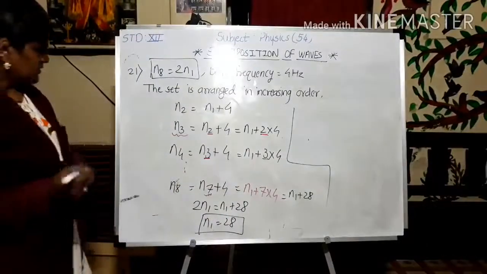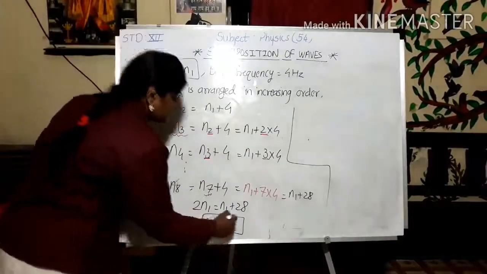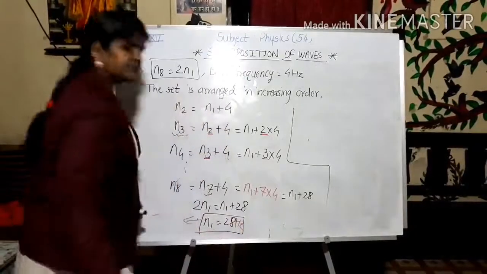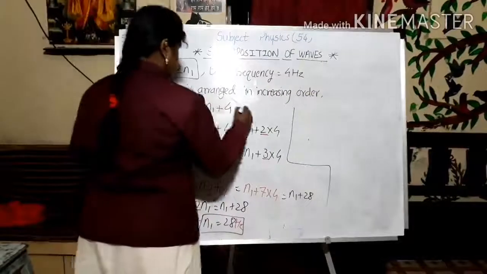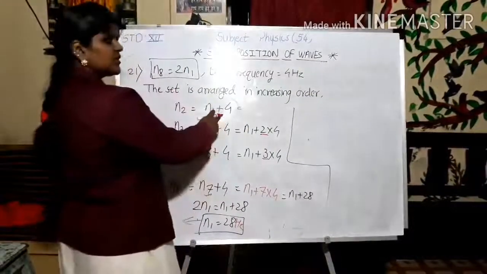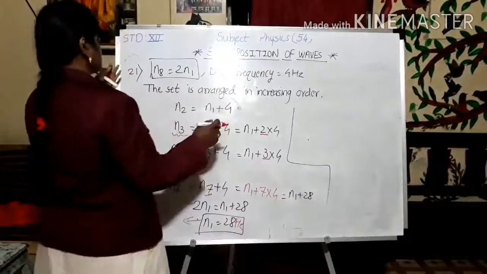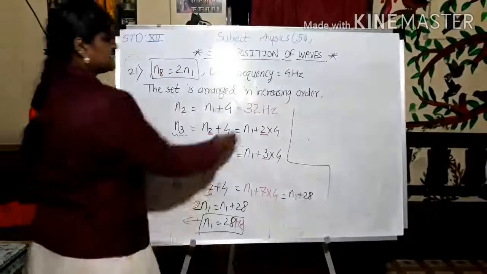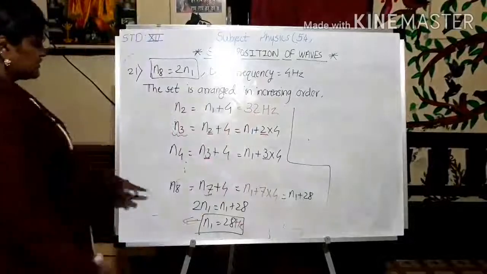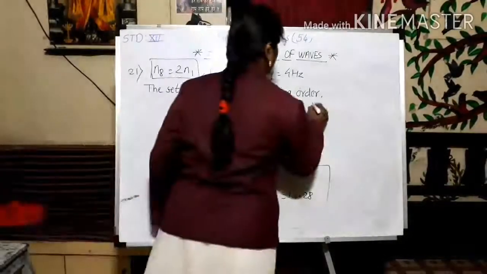By putting the value of N1 in all of these, you can get the frequency of all the forks. Suppose I want to find this. The unit has to be written, hertz, right? So what will be N2? 28 plus 4, 32. Second is 32 hertz. In the same way, you can find the others. So what will N8 be then?